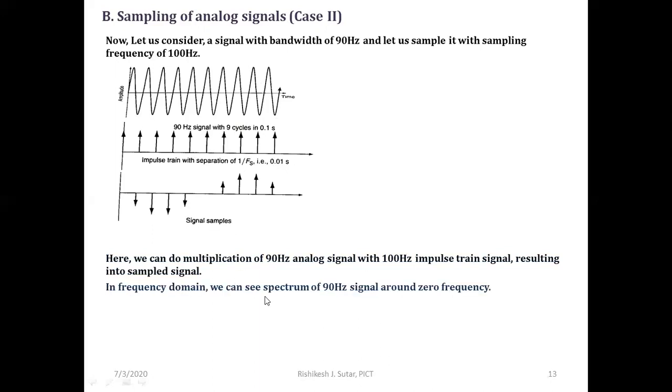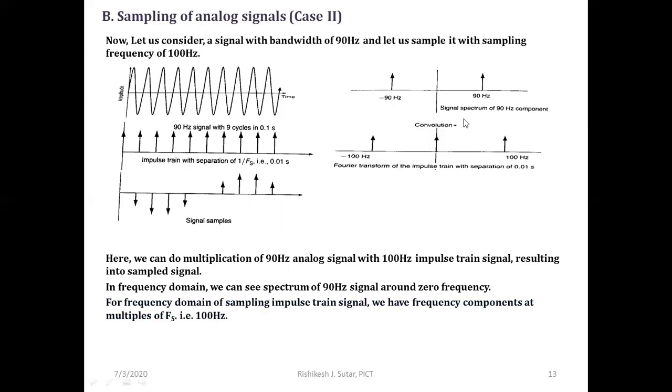In the frequency domain, we can see the spectrum of the 90 Hz signal around the zero frequency. If this is my 90 Hz analog signal, its spectrum is at -90 Hz and +90 Hz. Similarly, I can have the spectrum of this sampling signal. As the sampling signal, its frequency is 100 Hz.